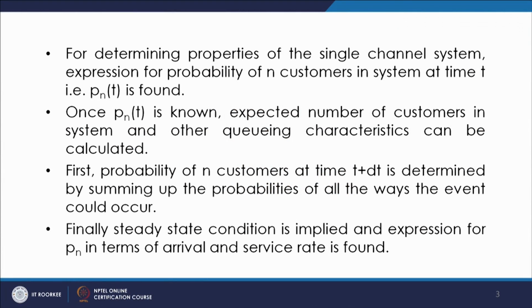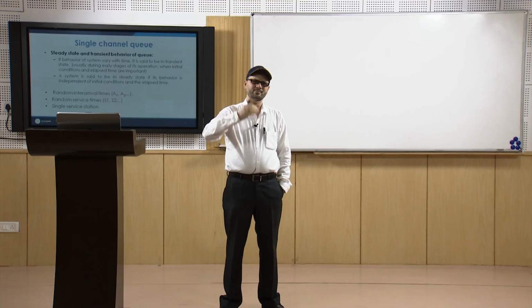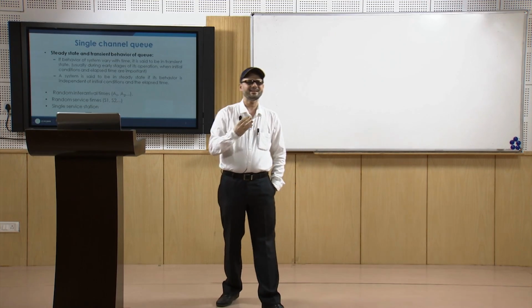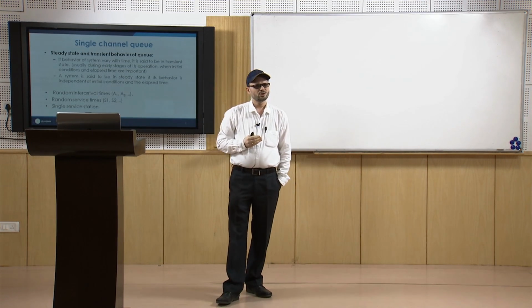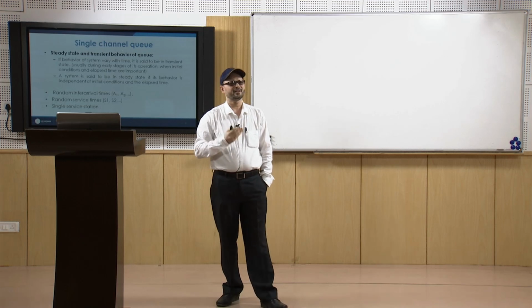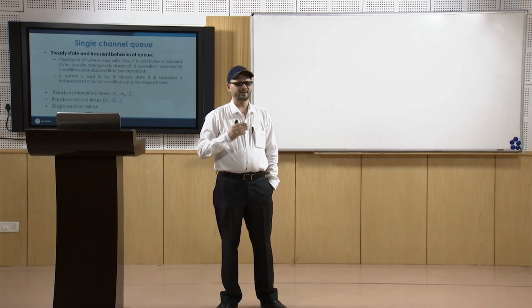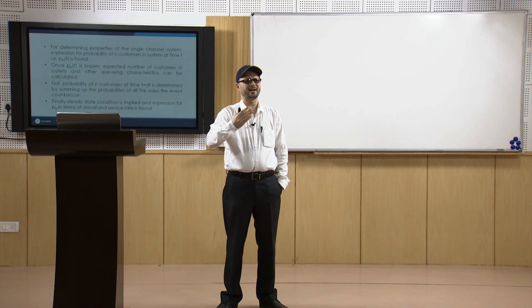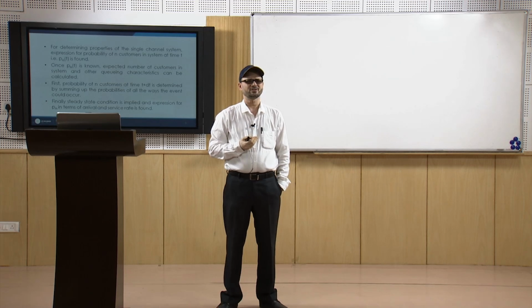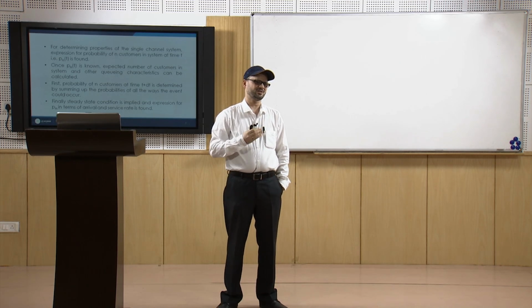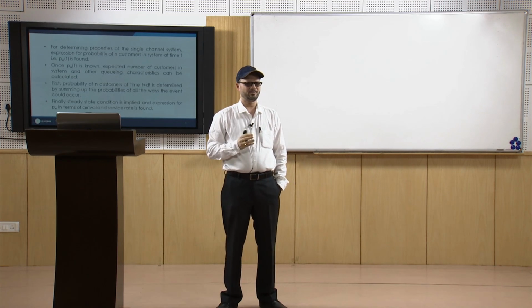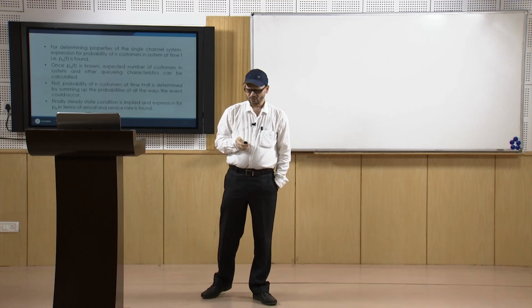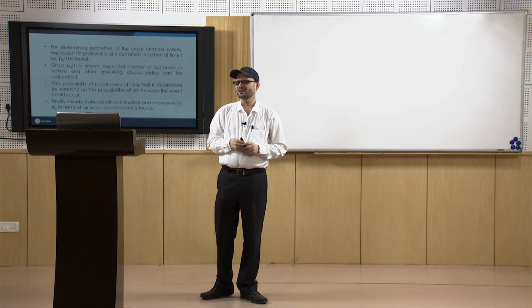Then we go to the steady state condition, where the derivative is equated to 0, that is, d by dt of p n t is equated to 0. From there we get certain expressions, normally in terms of lambda and mu.